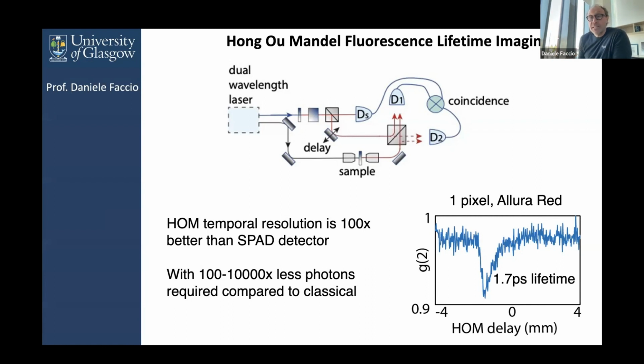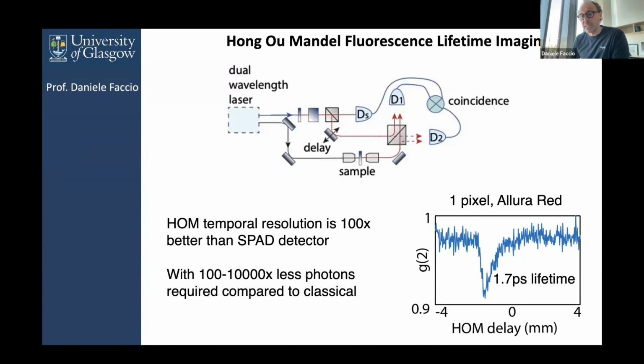And these days, 100 femtosecond pulsed oscillators are the norm. So in other words, by using this G2 interference technique to measure your fluorescence lifetime, your limit is basically the duration of your photons, and now we're talking 100 femtoseconds or shorter. So you're immediately three orders of magnitude better than your standard SPAD detector in terms of temporal resolution.